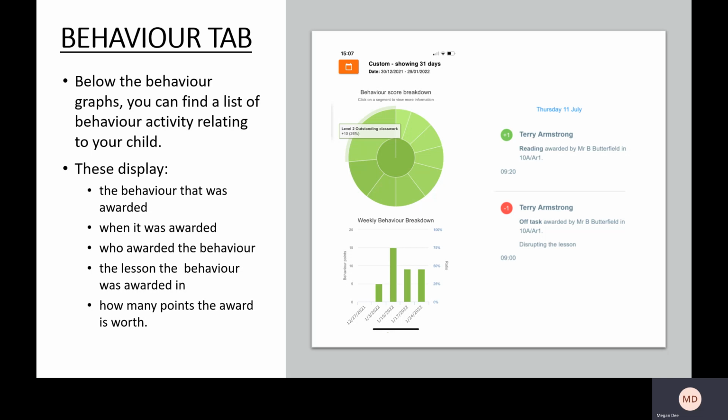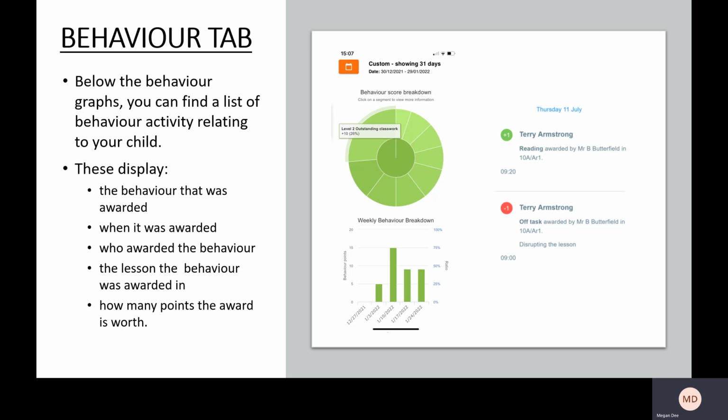The behavior tab also has a reporting function underneath some charts. So first you can see a chart of what the child has gotten behavior points for. And then if you scroll down underneath, there's a made-up child called Terry Armstrong, and you can see that they got 1 point for reading, and -1 point for being off task.